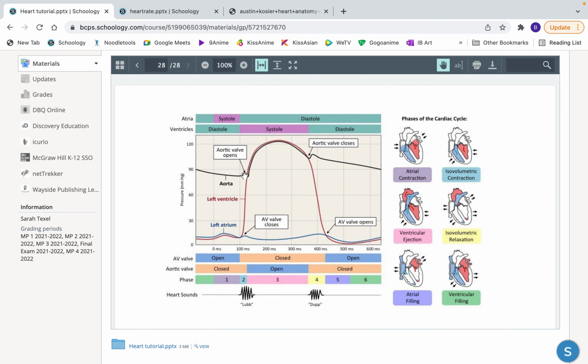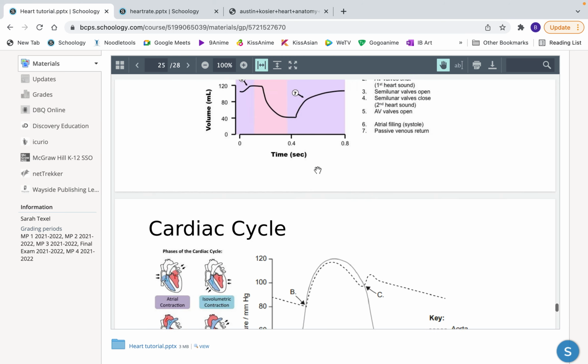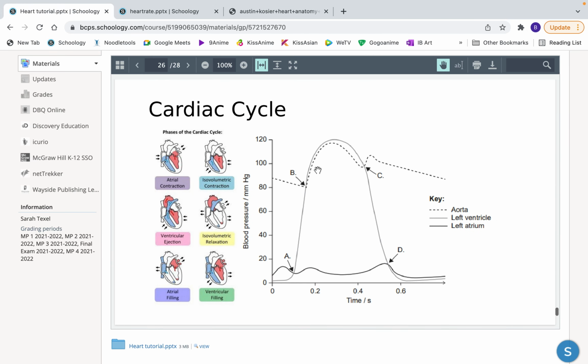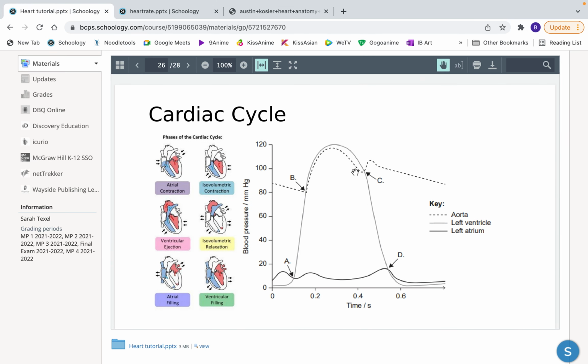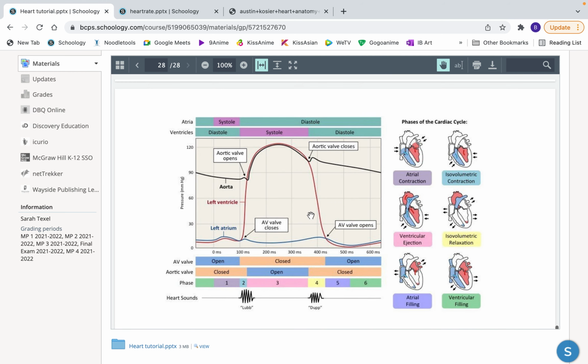And the last one at the top here is going to be your aorta, and that's how it's going to be every time. So what are the important things that you need to be able to glean from something like this? Well, the first would be the systole and diastole patterns of both the atrium and the ventricle. On most graphs, they're going to look something closer to this, and you're not going to be given where each part starts and ends. But for now, let's look at this.